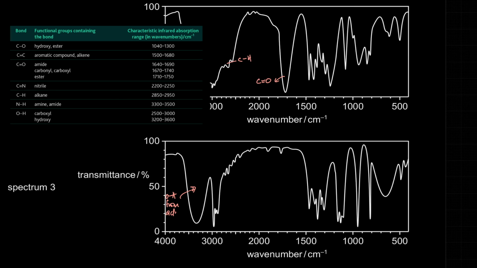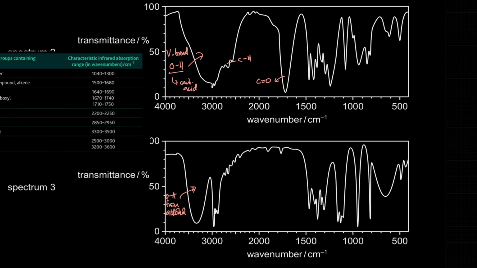First of all, the OH group from the acid has a much broader peak, and secondly, for an acid you'll also have a C=O. For the alcohol there's no C=O, but you clearly see the OH from the alcohol. And this is obviously the CH peak. So that means spectrum 2 is an acid.